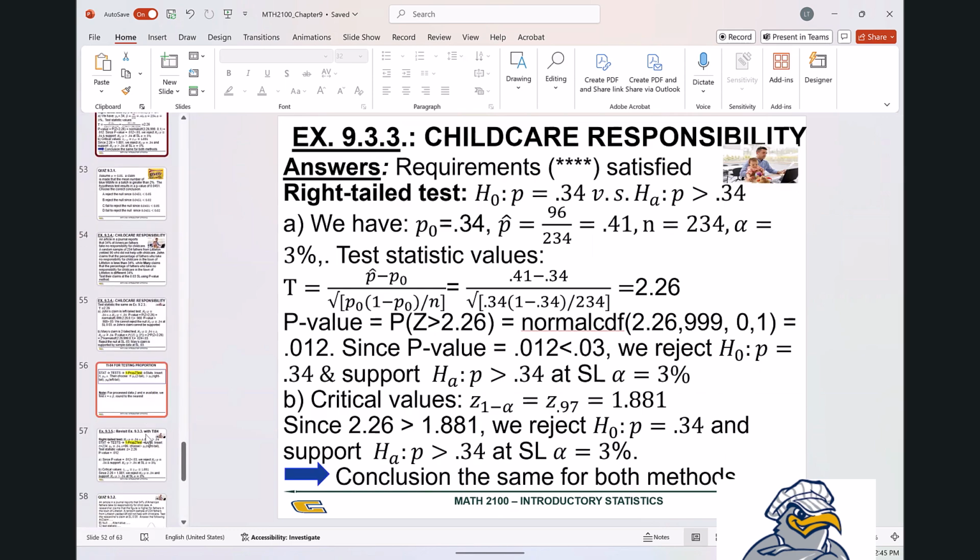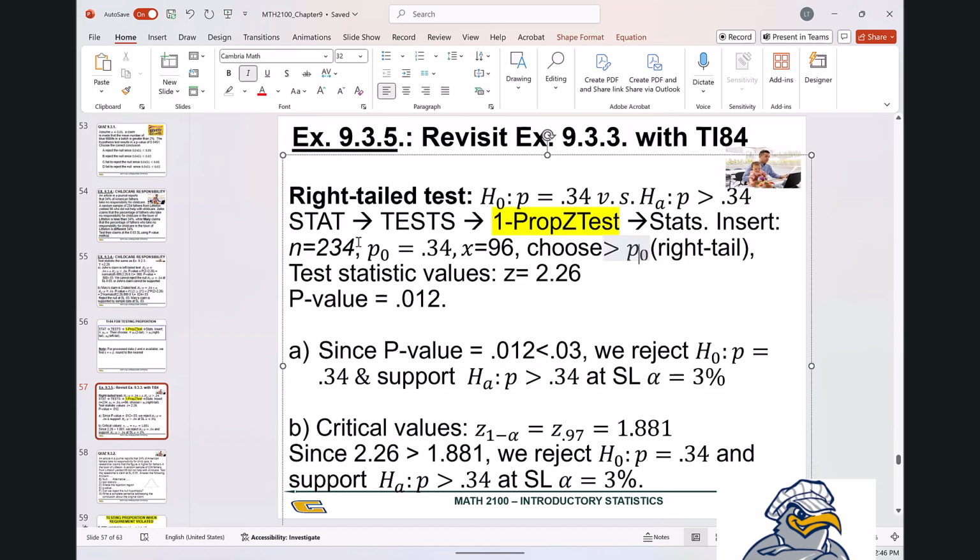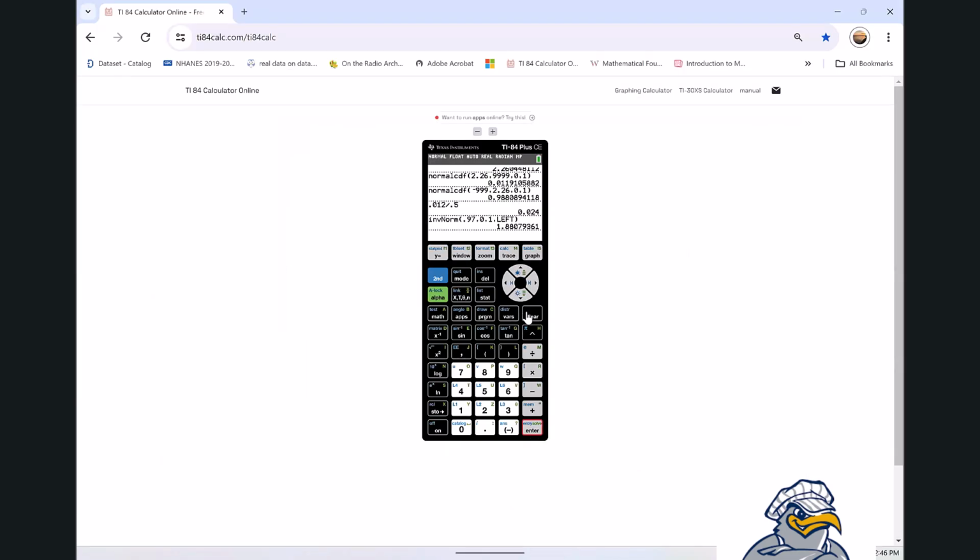We just rewrite everything here, but now instead of doing manual calculation like we did before, we will plug into the TI calculator. Testing H naught: p equals 0.34 versus HA: p greater than 0.34. Here is your sample size, here is your p naught, and here is your X, 96. And we work with the right tail, so let's do it together.